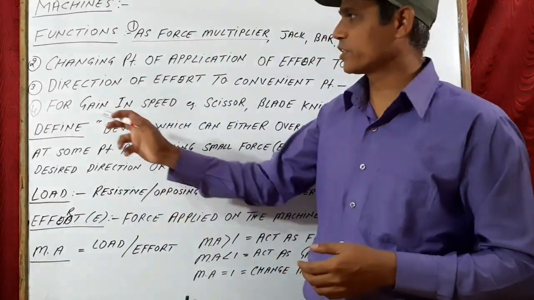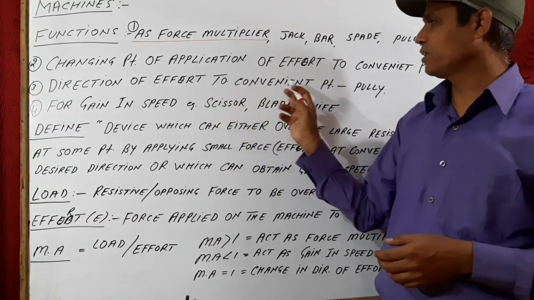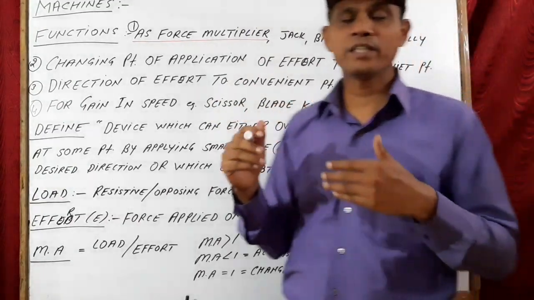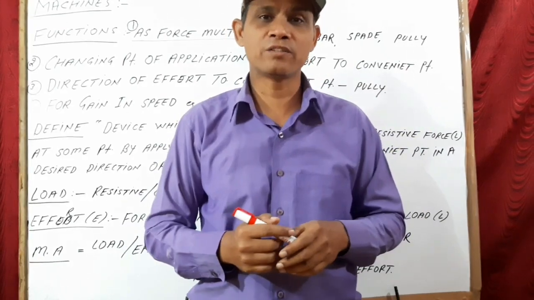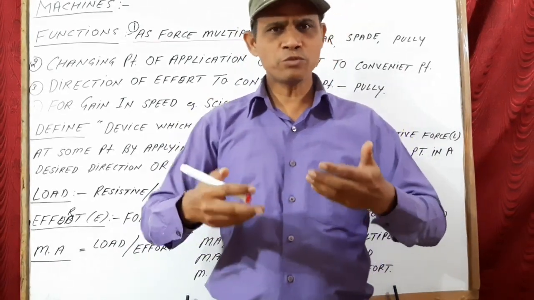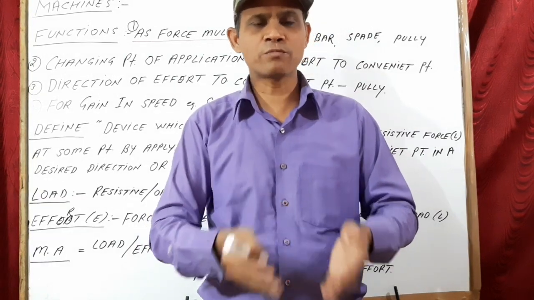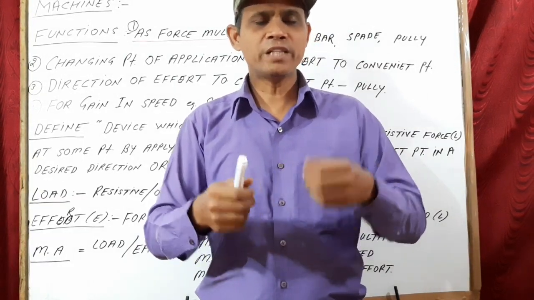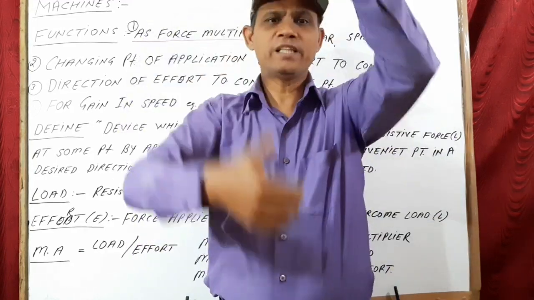Then the third function which a machine does is changing the direction of effort to a convenient direction. For example, suppose you want to lift a bucket full of water from a well. With the help of a rope, you can just pick it up like this, applying the force in the upward direction.